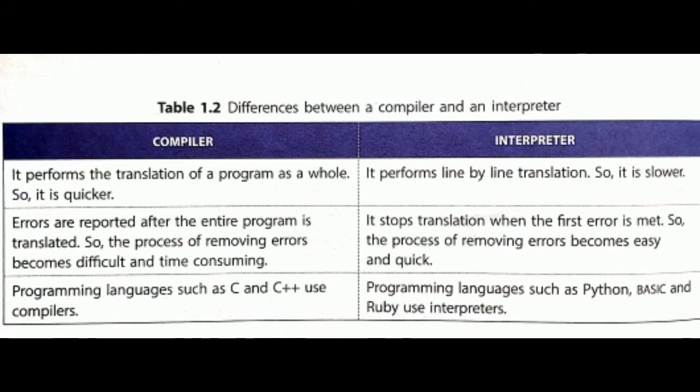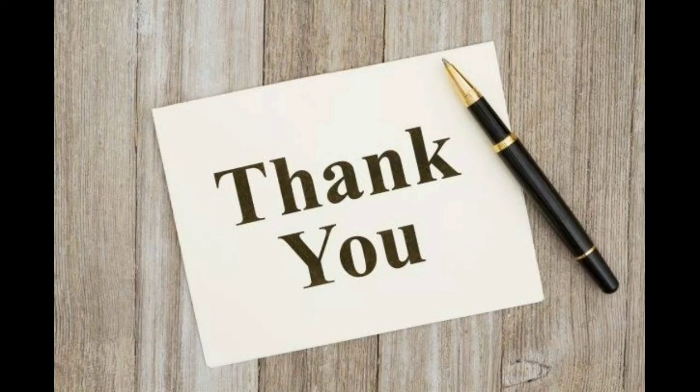In programming languages such as Python, Basic and Ruby, the program is translated line by line. So these are the three differences between a compiler and an interpreter. This will be asked in your test papers. Okay, you should study the differences between a compiler and an interpreter. This is an important topic.